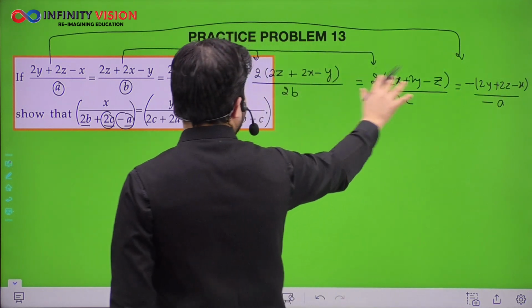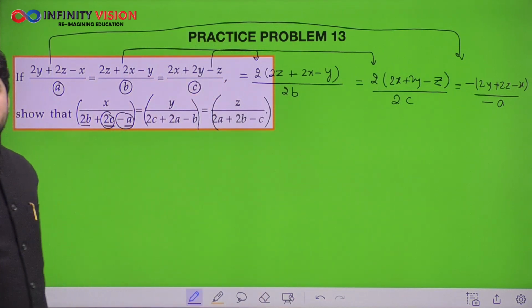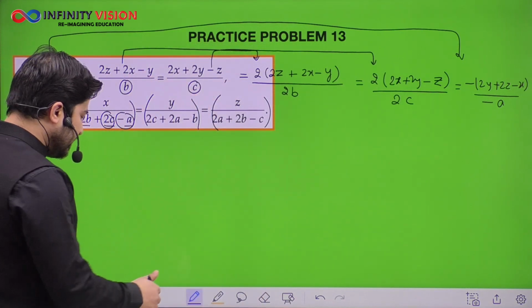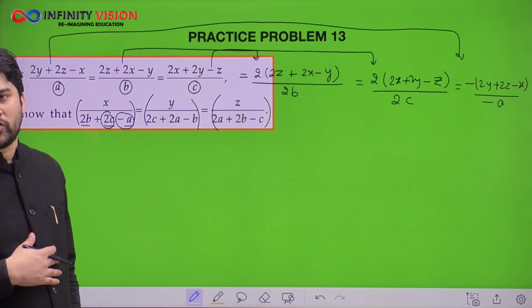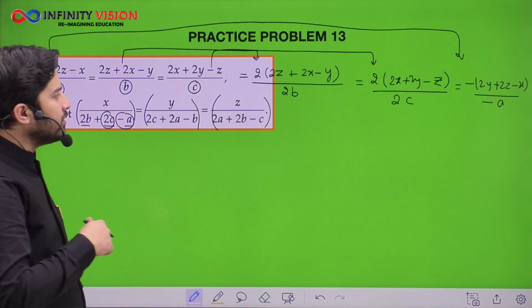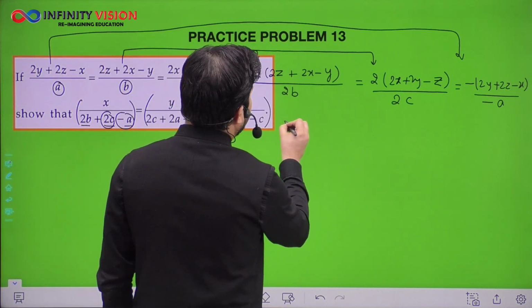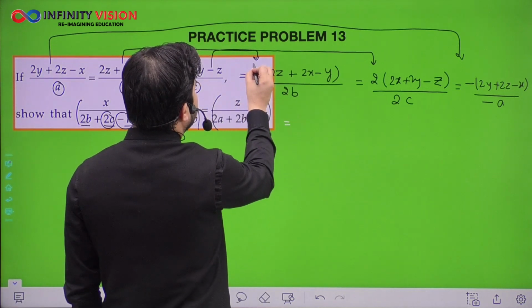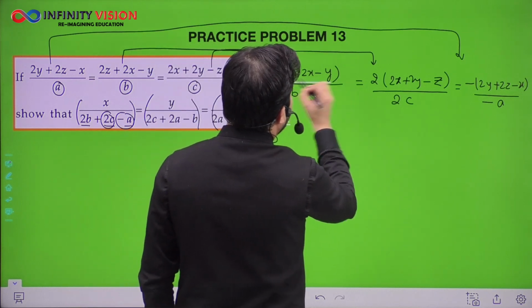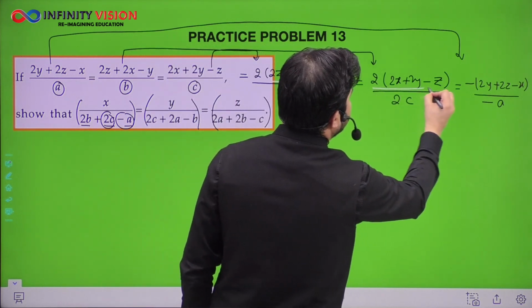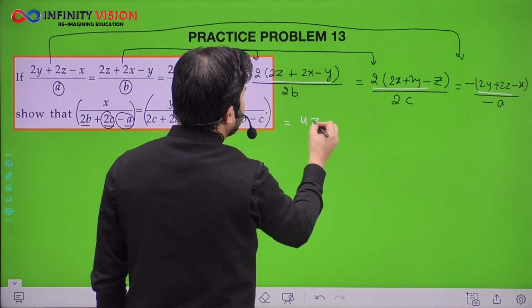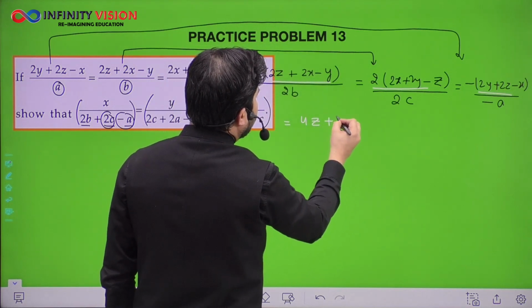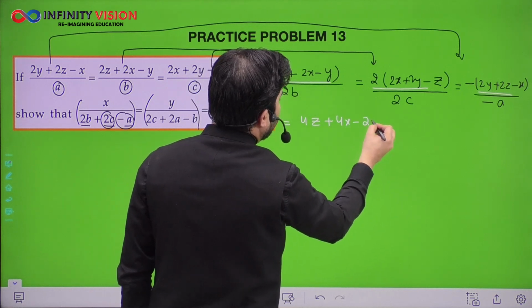Now you see these three ratios as equal ratios, and you know by the theorem that the sum of antecedents upon the sum of consequents would be equivalent to the equal ratios. So I am going to add the antecedents of these three. If this is 2 into 2, that is 4z, plus 2 into 2, that is 4x, minus 2y.